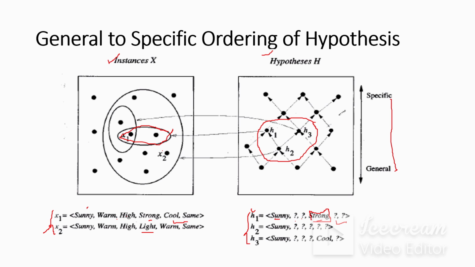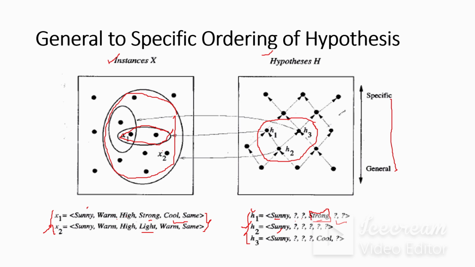If you look at the second hypothesis, h2, we can clearly see that both instances x1 and x2 satisfy h2. So the instance space covered by h2 is a huge space where both x1 and x2 are part of it.